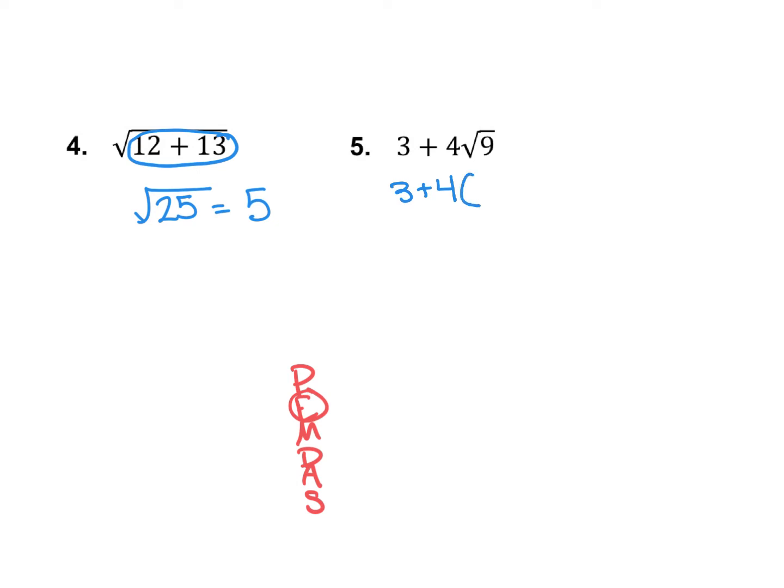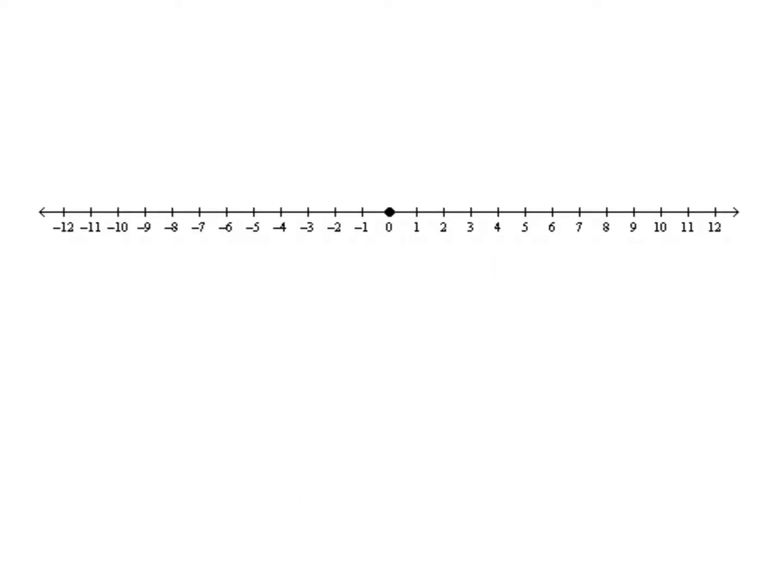Then I'm going to put the multiplication with the parentheses. Now, the square root of 9 is 3. All right, so there we are in the order of operations. Then remember, it's multiply and divide, add and subtract. So we have to start here then. So I'm going to have 3 plus, what's 4 times 3 is 12, and now I can add them together, now 15.